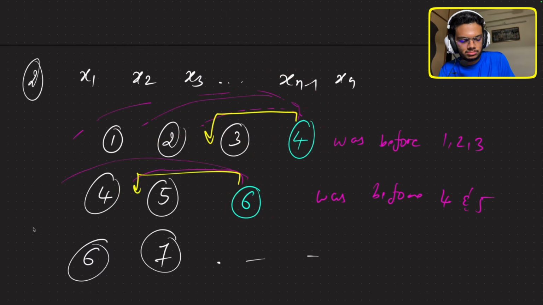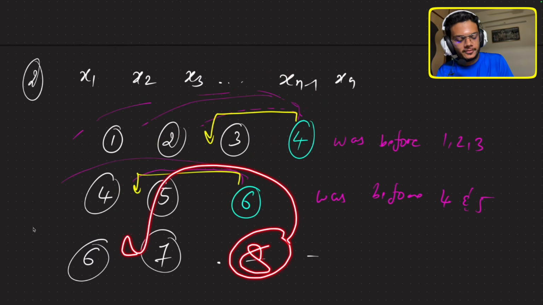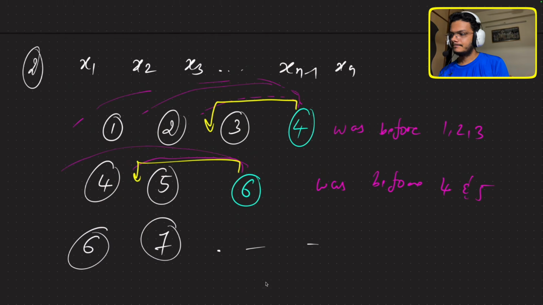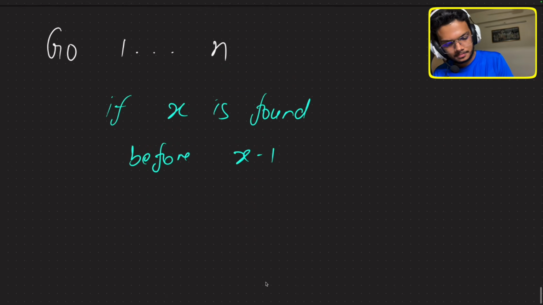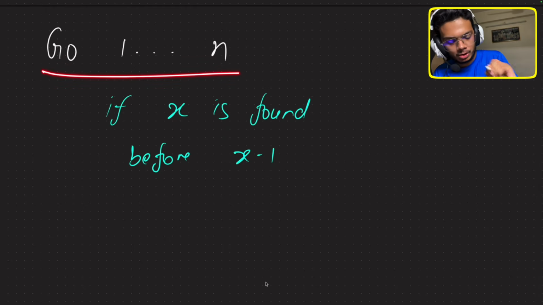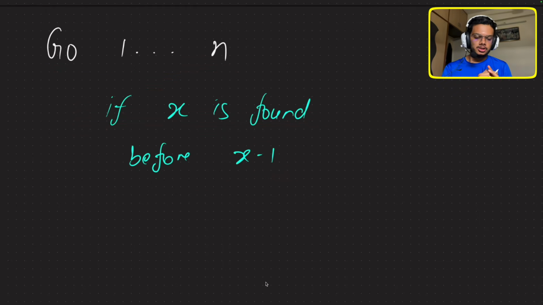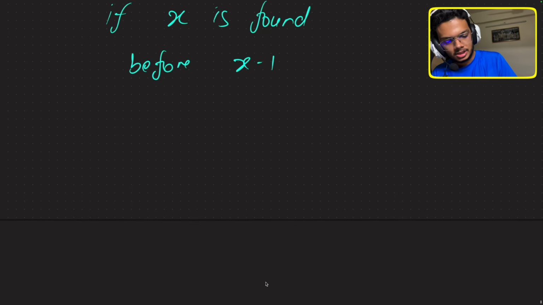Similarly, let's say maybe 8 was found before 7, then you had to start a new round, right? So this makes sense, right? So when you go from 1 to n, if x is found before x minus 1, you have to start a new round. So using this observation, you can clearly write an approach.